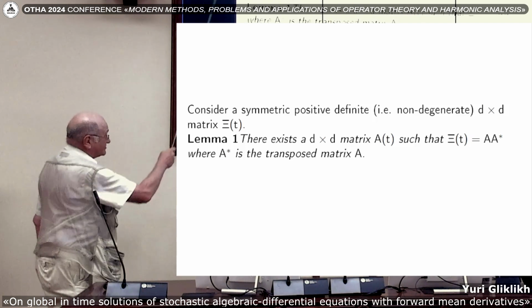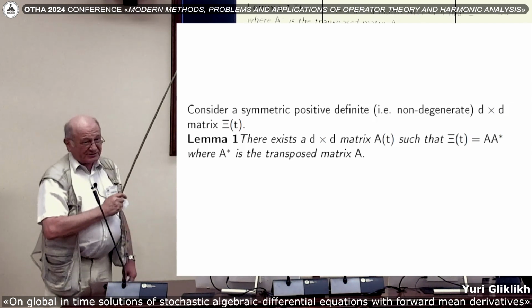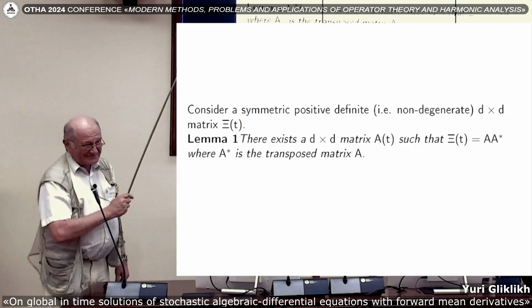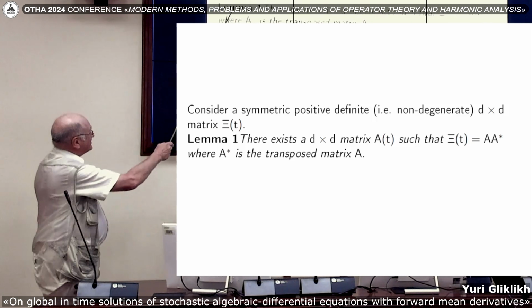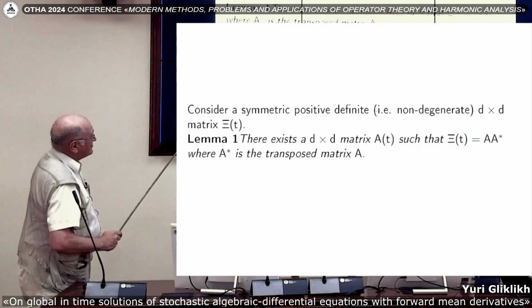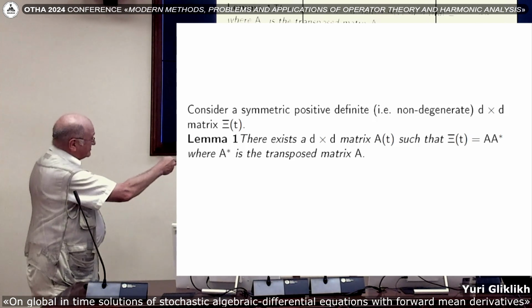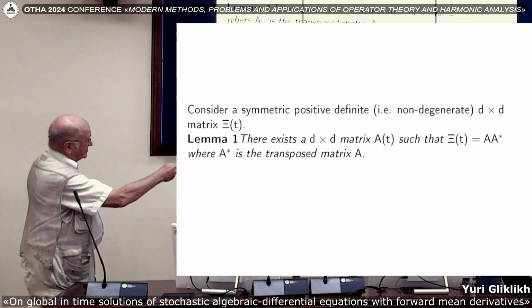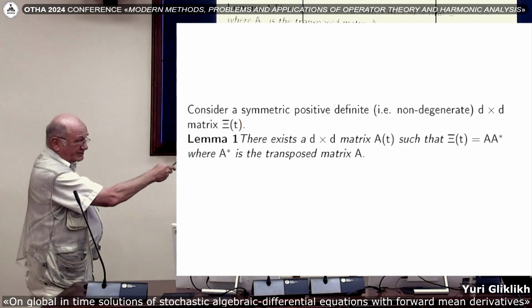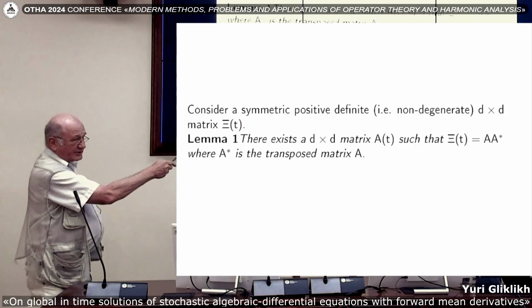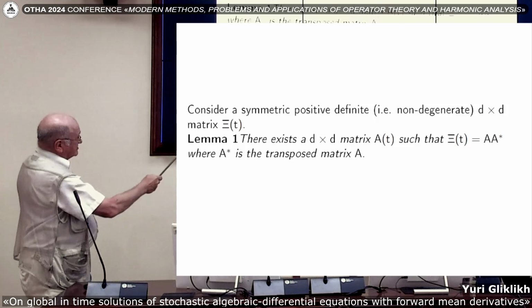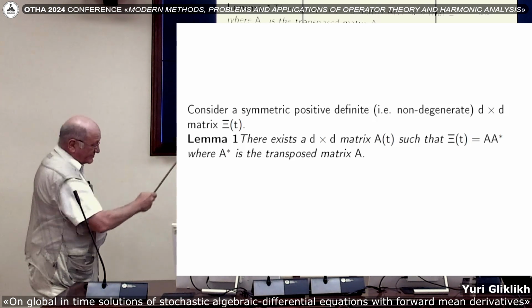This is my favorite Greek letter, capital Xi, Xi of t. Lemma: there exists a matrix of the same rank, A of t, such that Xi equals A multiplied by A conjugate, which means A transposed.